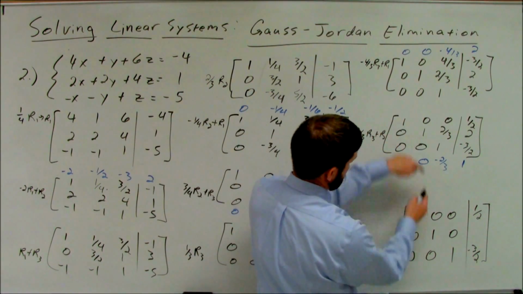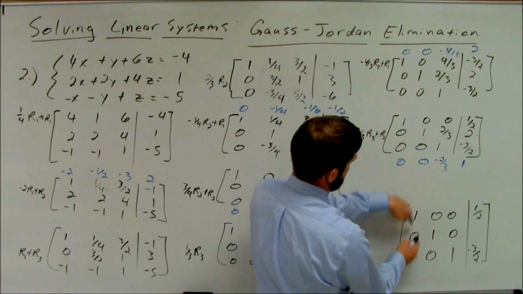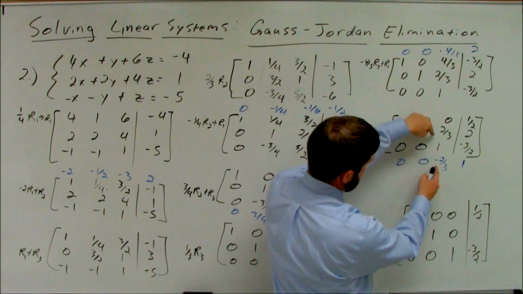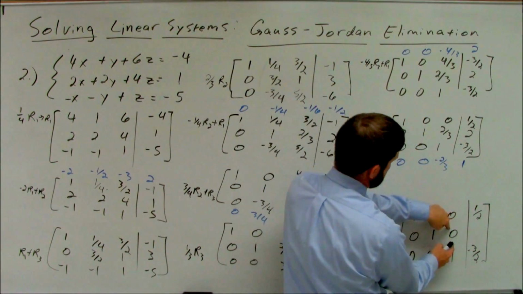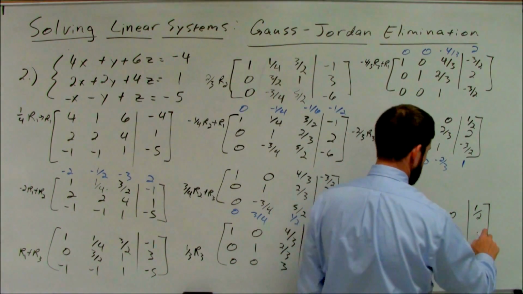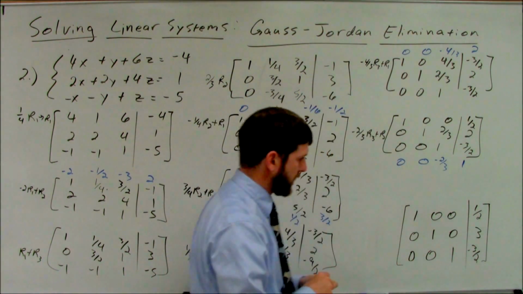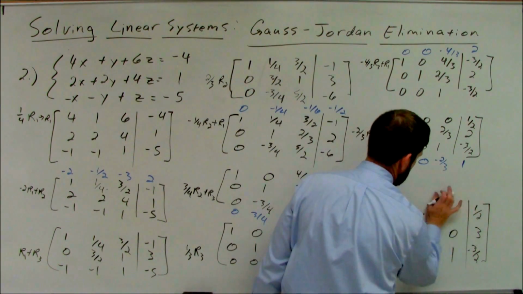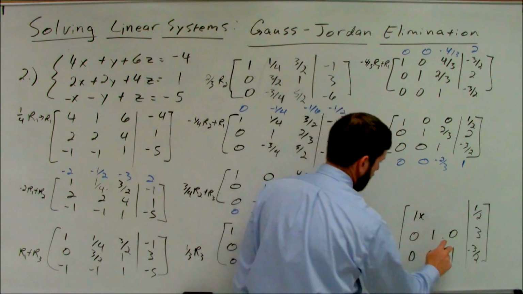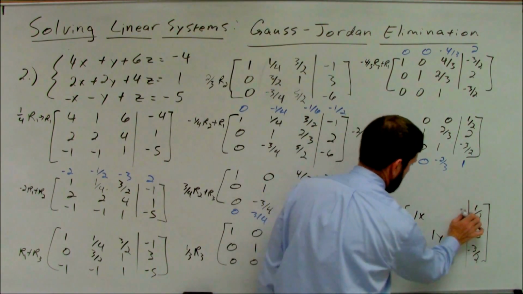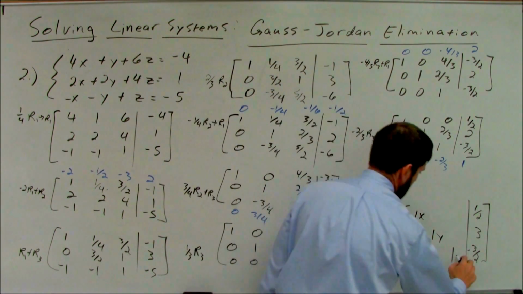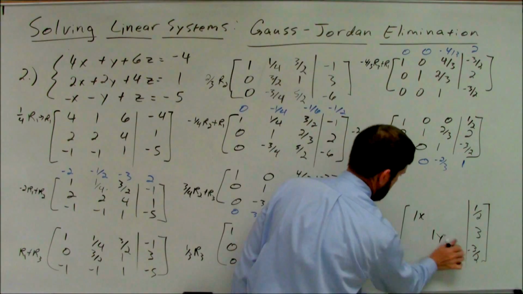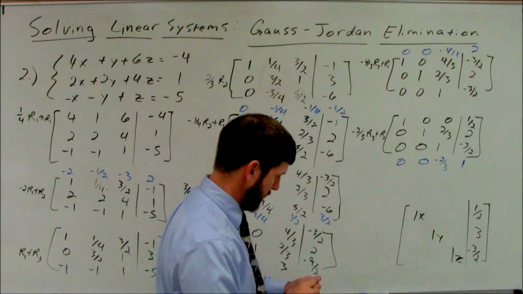0 and 0 is 0. 0 and 1 is 1. Negative 2/3, positive 2/3 is 0. 1 and 2 is 3. So just like before, we can see that 1x equals 1/2, 1y equals 3, and 1z equals negative 3/2.